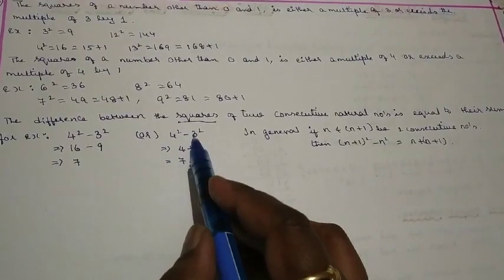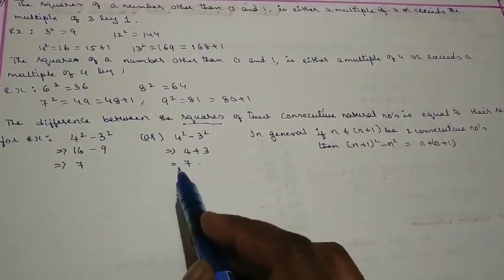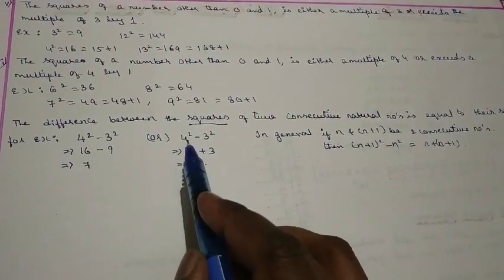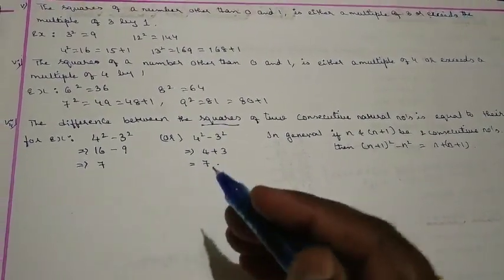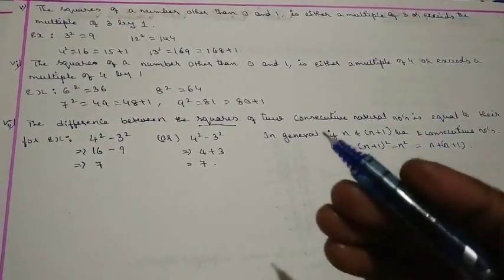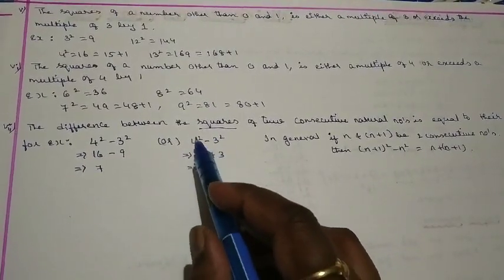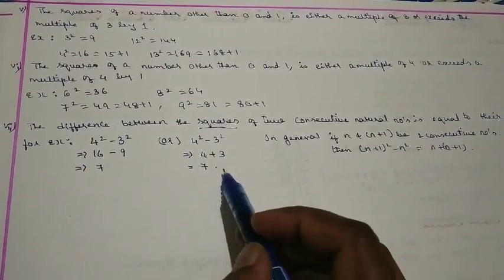So 4 square minus 3 square can be written simply as 4 plus 3, which is nothing but 7. Not only for 4 square and 3 square, for every two consecutive numbers' squares, their difference will be the addition of their bases. That is, 4 plus 3 equal to 7.